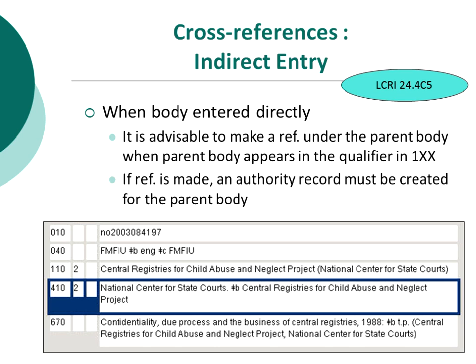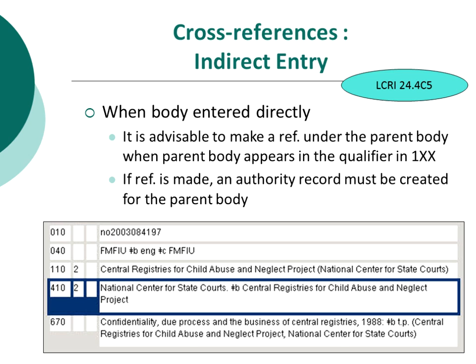More cross-reference rules. When you have a body that's entered directly, the rule says you can make a cross-reference entered indirectly. In other words, if you have a body entered directly, you can make a reference under the parent body, especially when the parent body appears in the qualifier, as you see in the screenshot under 110 here.